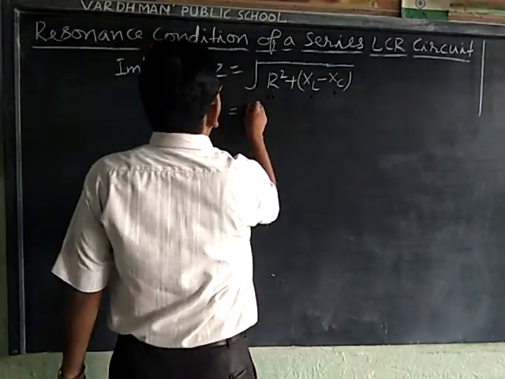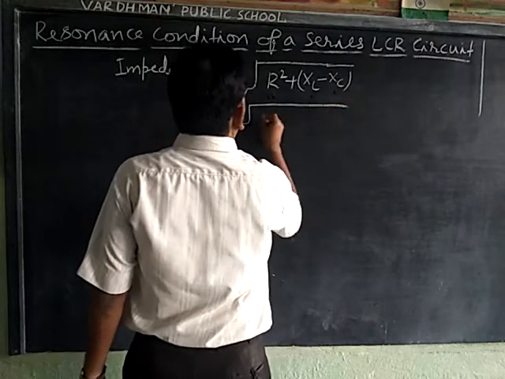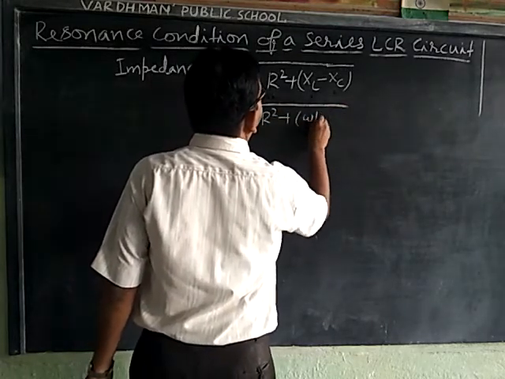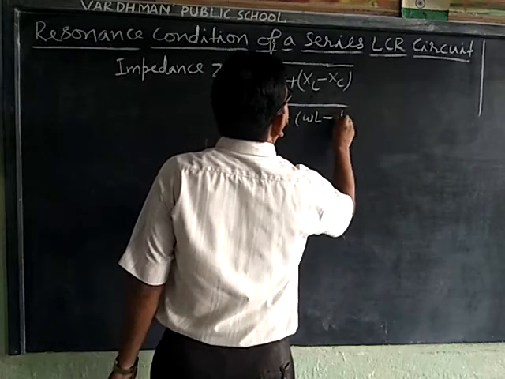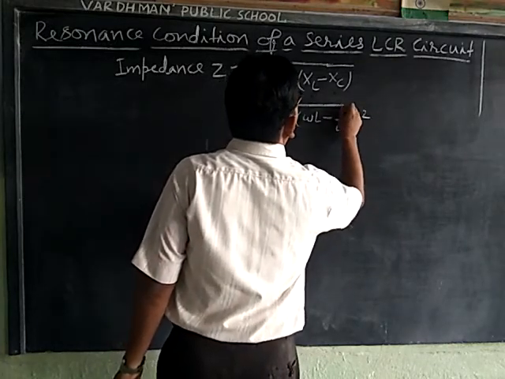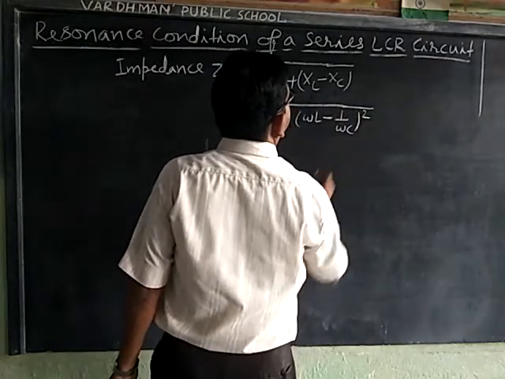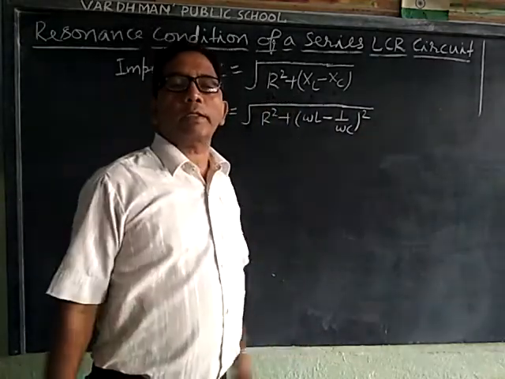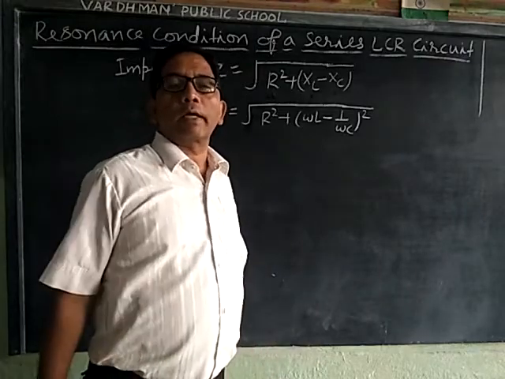We can write it as R square plus (omega L minus 1 upon omega C) whole square.